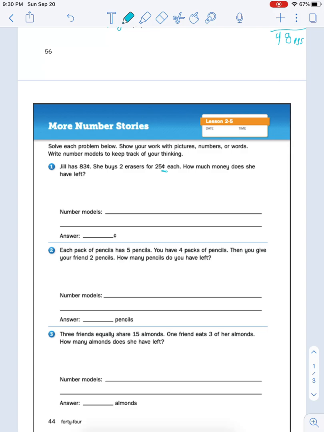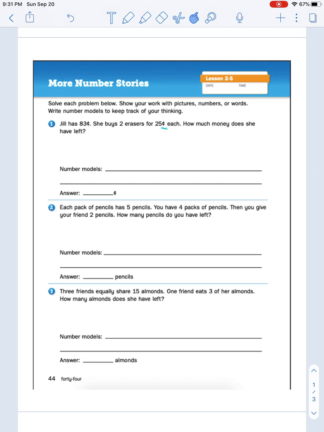They're just using cents, okay? So like dimes, nickels, pennies, all that. So make sure to underline your important facts first, and then make sure you understand what the question is asking you.